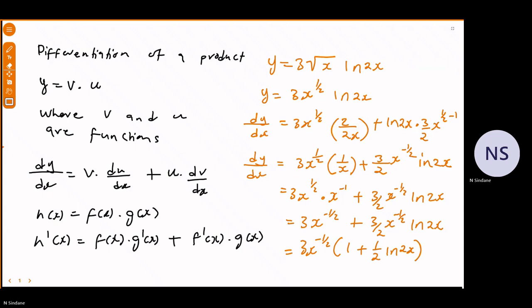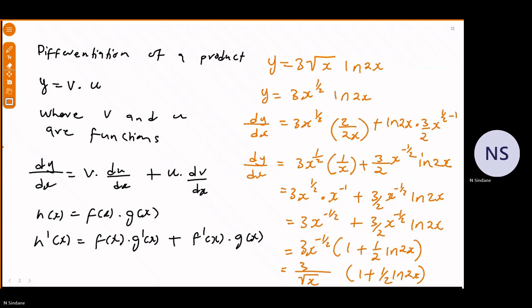That is my solution for this question. You can simplify it again to 3 over square root x into 1 plus half ln of 2x. That is how you do it.